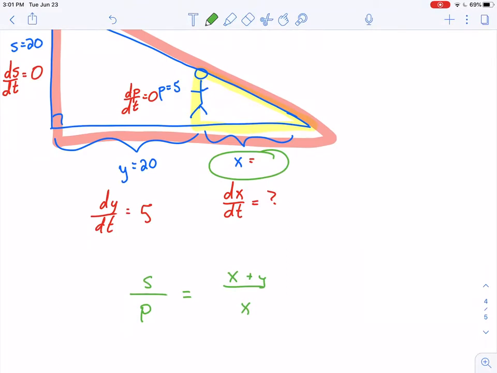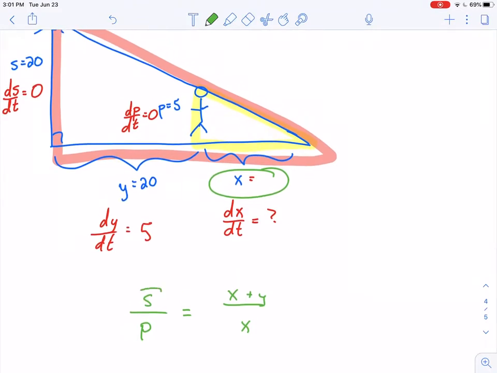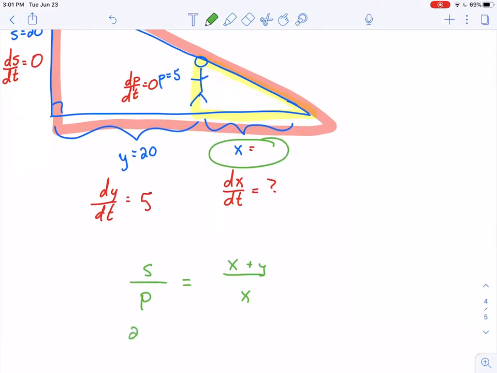And if I wanted to, I look at s and I look at p, and look at those derivatives: ds dt is 0, dp dt is 0. Remember that if those derivatives are 0, we can plug in s and p before we take the derivative. Because those sides are not changing, I can say s is really 20, divided by p, that's actually 5. I can't do that for x and y over here.